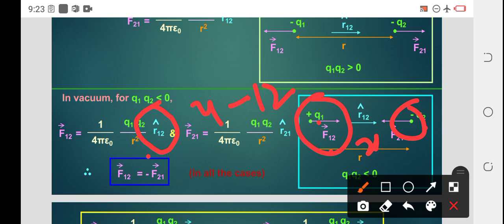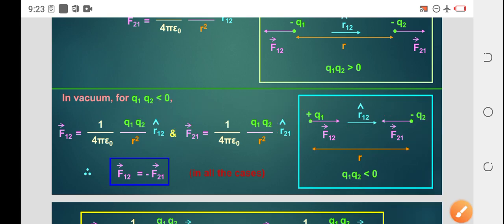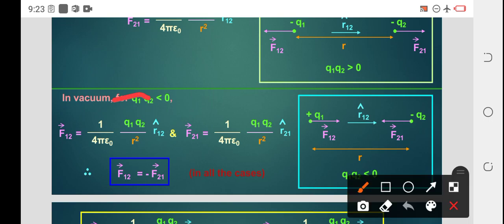Similarly, F21 is 1 by 4 pi epsilon naught Q1 Q2 by R square. Generally here it should be R12, but the charge is negative, so it is changed into R21. Now we can finally conclude. F12 is 1 by 4 pi epsilon naught Q1 Q2 by R square R12.